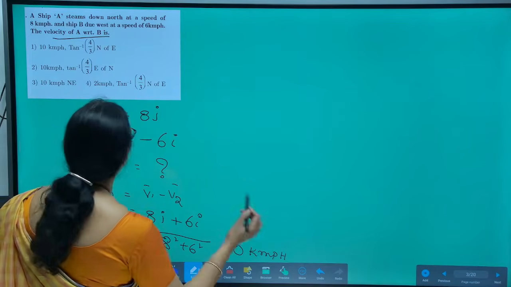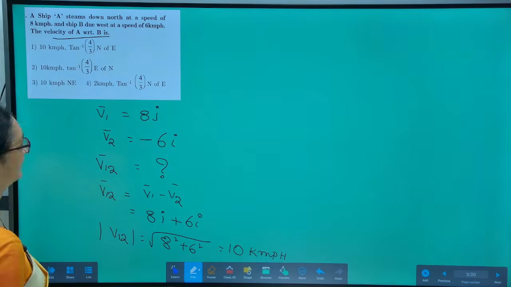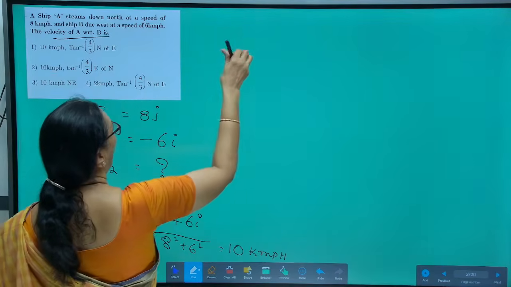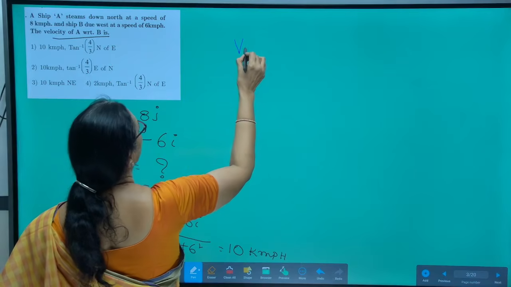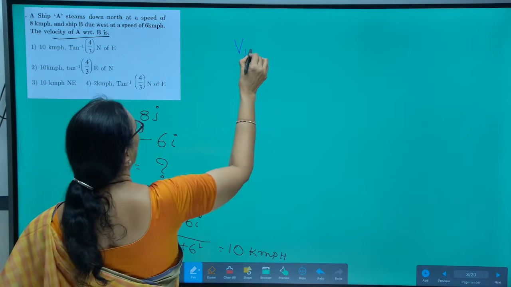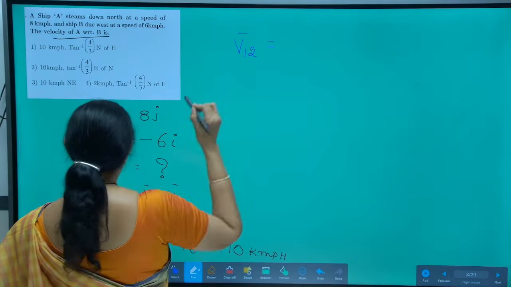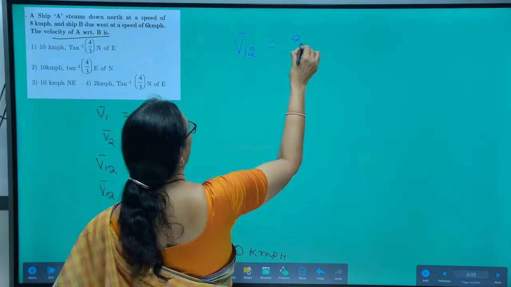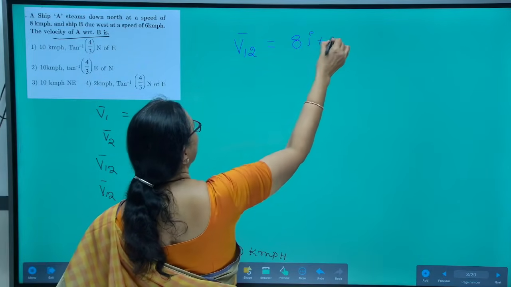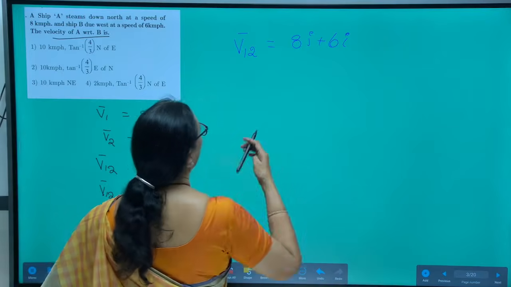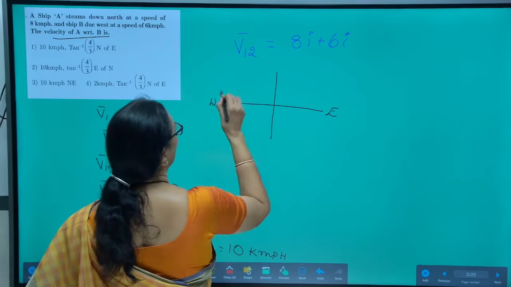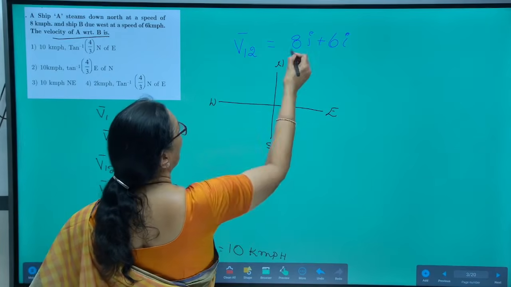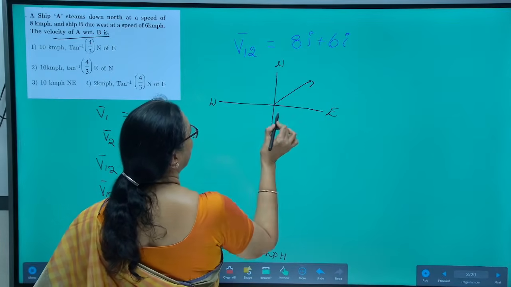If you look at the answer, there are directions also mentioned. So, I am writing the relative velocity of ship A with respect to B as 8j plus 6i. If you draw the diagram, this is east, this is west, this is north, this is south, both are positive, it is like this.